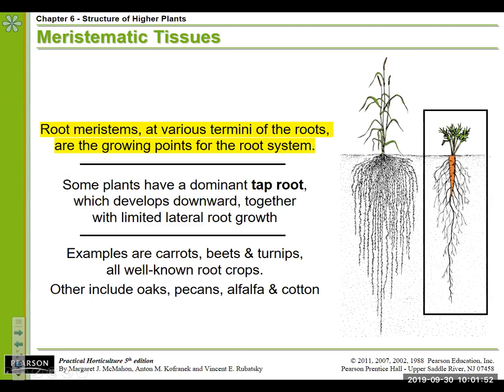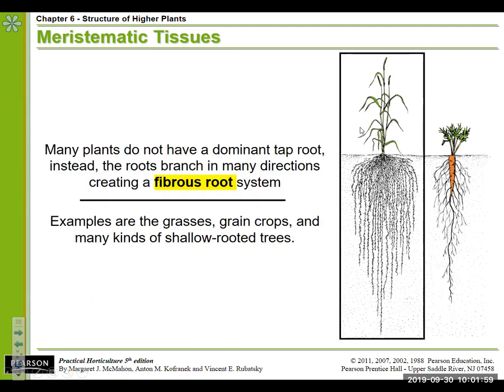A lot of biennial plants have these root crops, right? So those that don't have the dominant taproot, at least later on, are referred to as fibrous root systems.